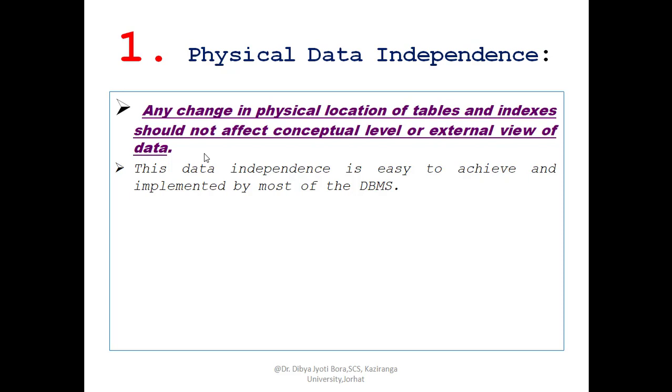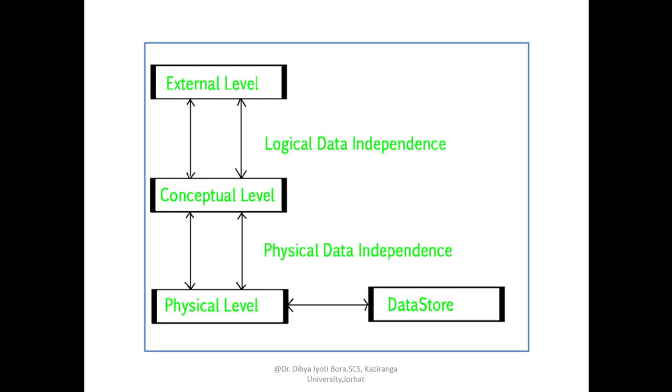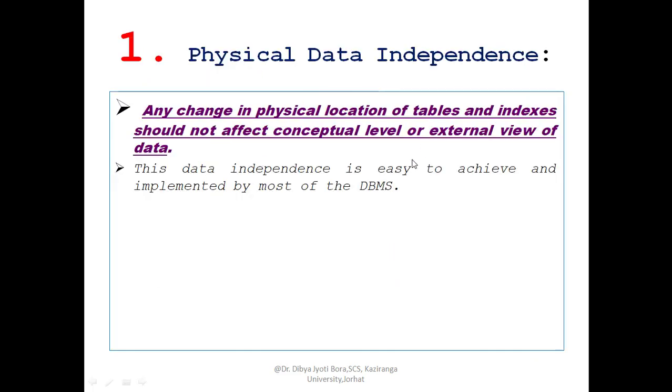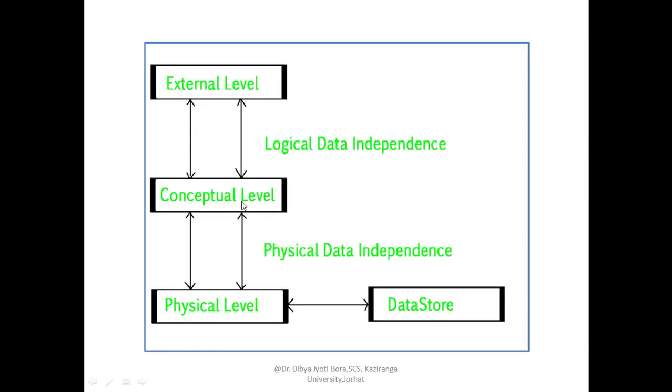If you have changed the hard drives and transferred the data of the databases that you created in the old hard drive to a new hard drive, we have made changes to the physical locations of the tables and indexes, isn't it? At which level are we making the changes? The physical level. So physical data independence means this change should not affect the conceptual level.